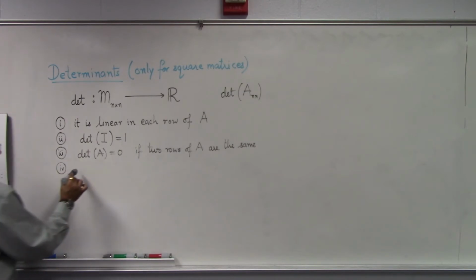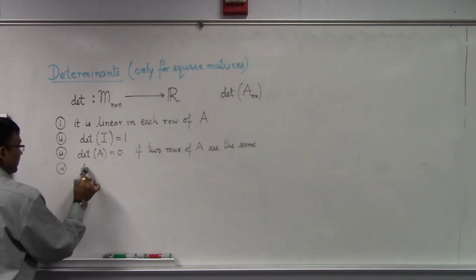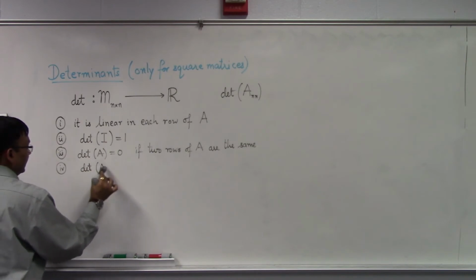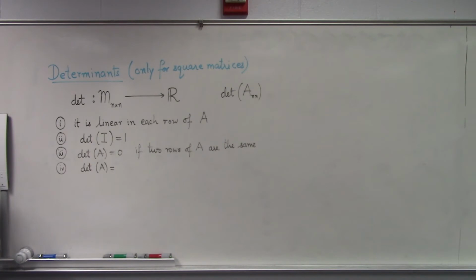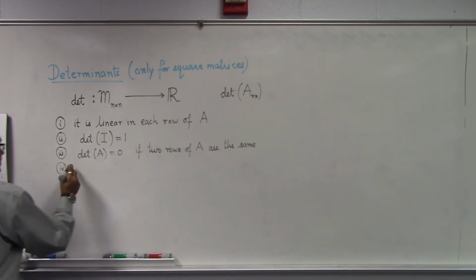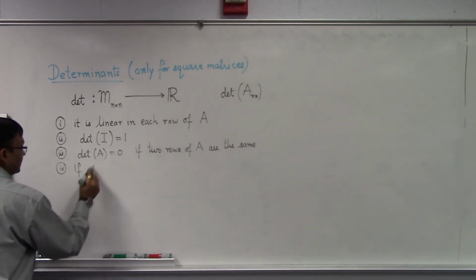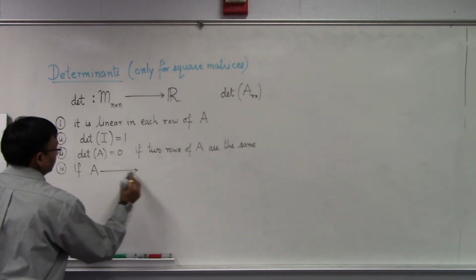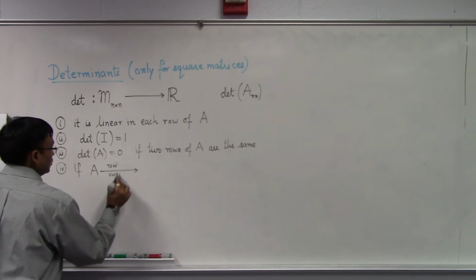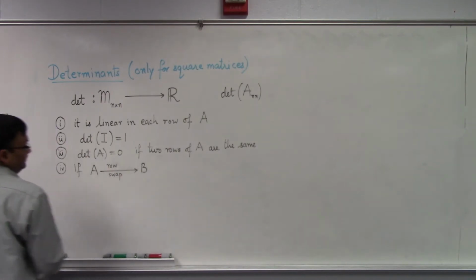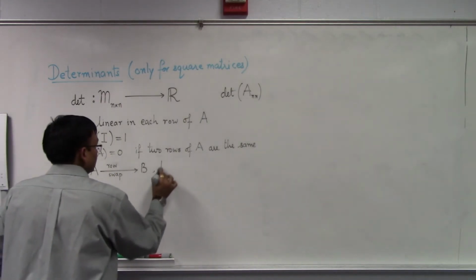The fourth property is that, let me rephrase it. Suppose I start with a matrix A and I make a row swap and I get a matrix B just by one row swap.